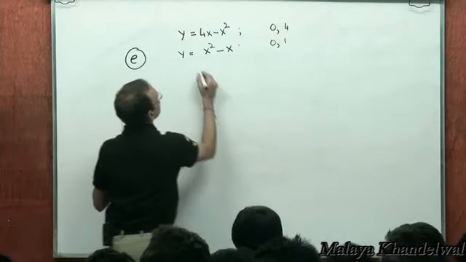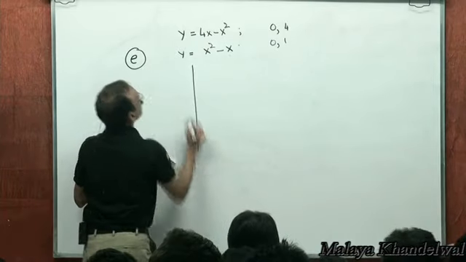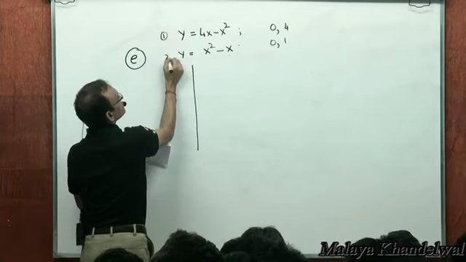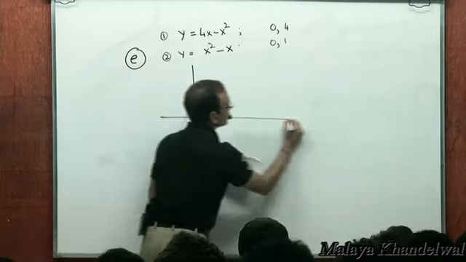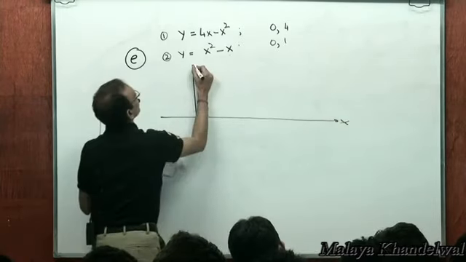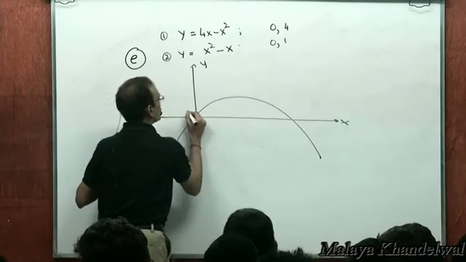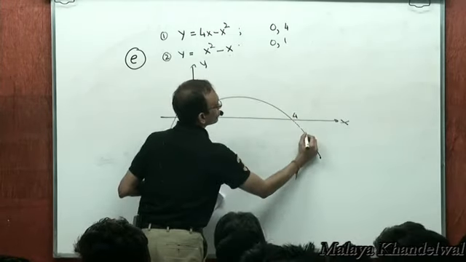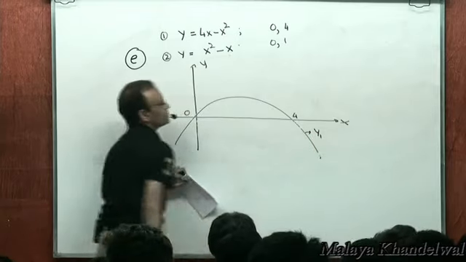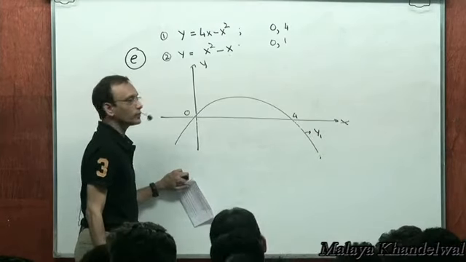So then, let me call this curve 1, let me call this curve 2. The downward opening parabola like this, looping between 0 and 4. All the y's here are referred to as y1, right?